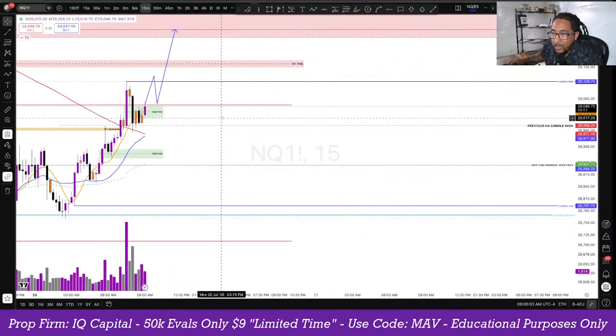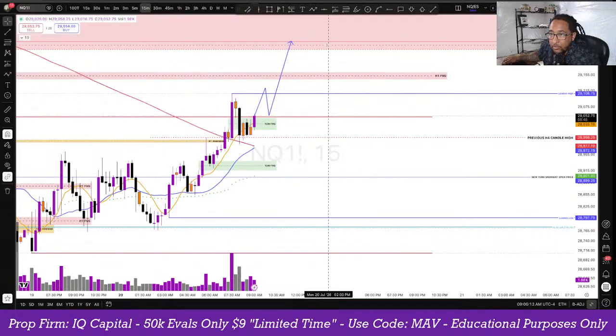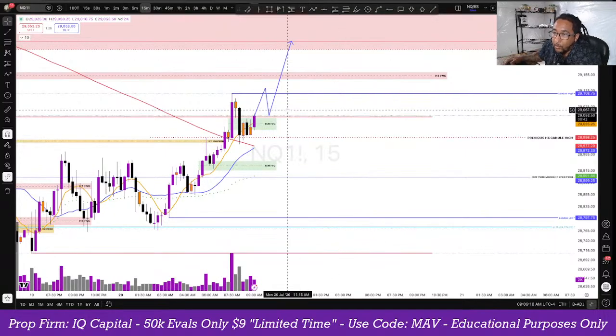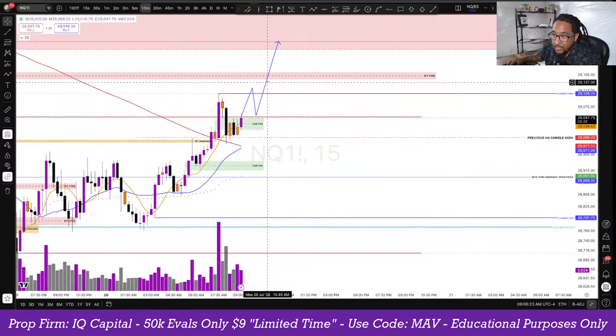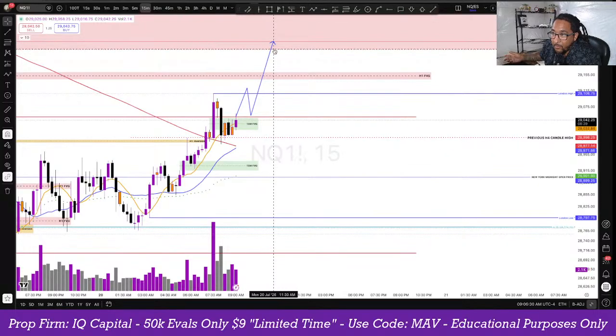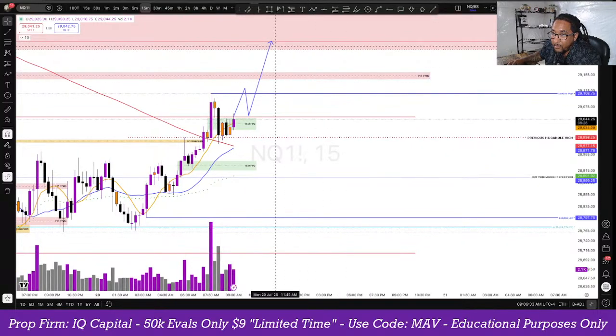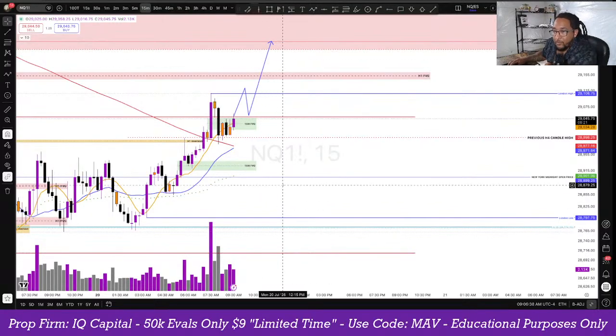And we're just trying to see at the open, are we going to manipulate lower and create a higher low and continue to our higher time frame draw on liquidity, or will we see a rejection from these higher time frame PD arrays and a continuation to the downside? So that's what we're looking at there.